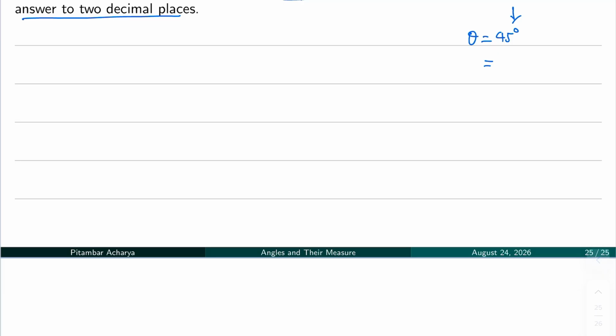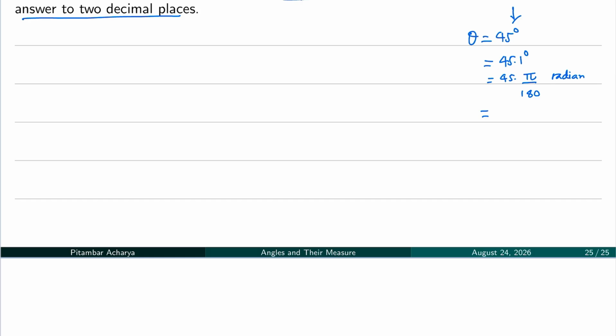So what is the radian equivalent of 45 degree? 45 times 1 degree, in terms of radian, is 45 times pi over 180 radian.